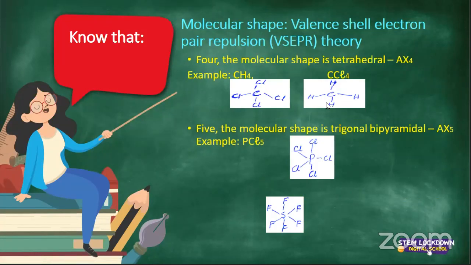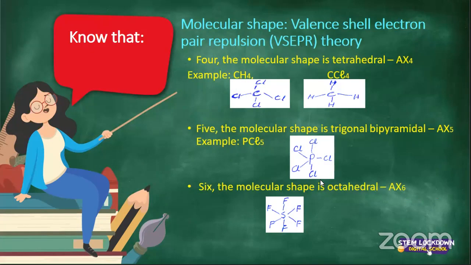An example is PCl5, and this is the shape, trigonal bipyramidal. And also if there are 6 atoms, you will have an octahedral shape. So these are the 5 main shapes of molecules.